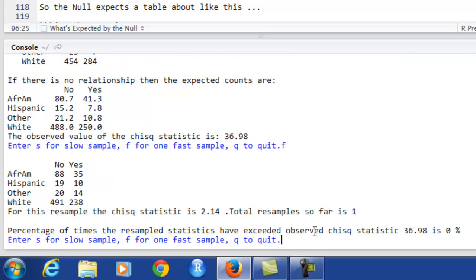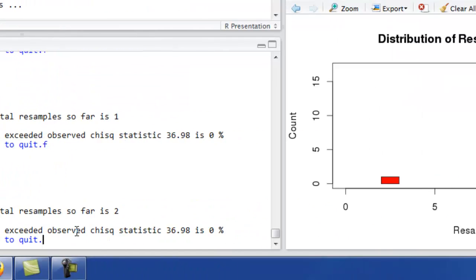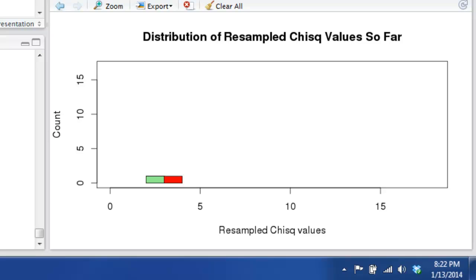So I'll just keep on taking resampled chi-square values, and you can just watch the histogram emerge. Now remember, the chi-square statistic is about 37. 37 is so big that it doesn't even appear on the horizontal axis that's provided for us for this histogram.